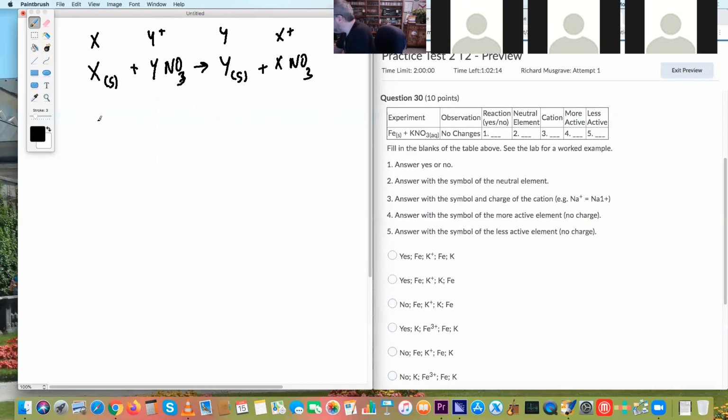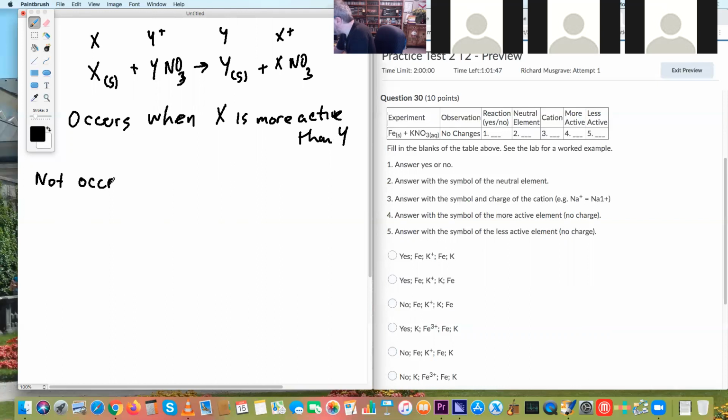Now this reaction will occur when X is more active than Y. And it won't occur when Y is more active than X.